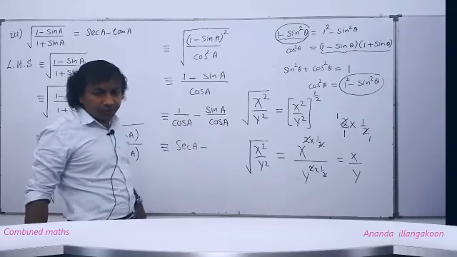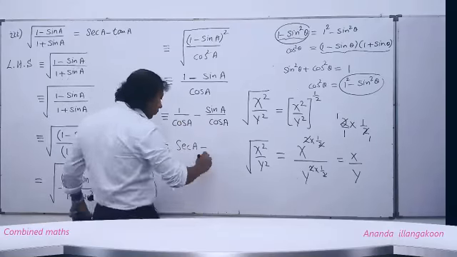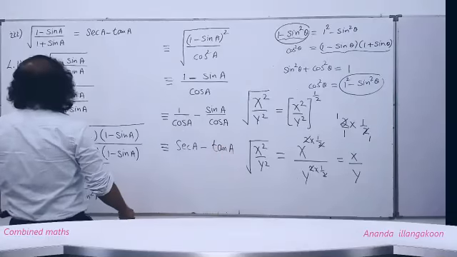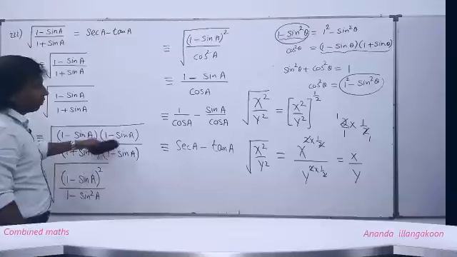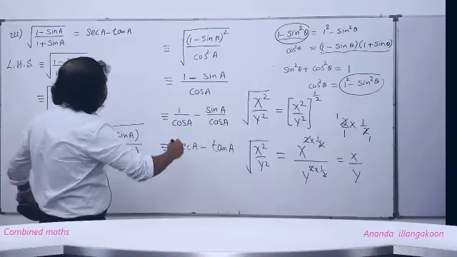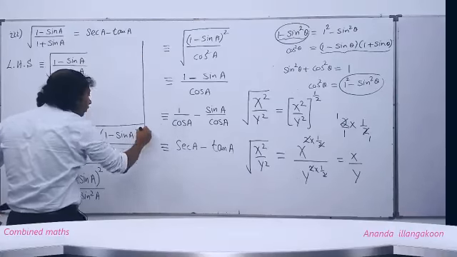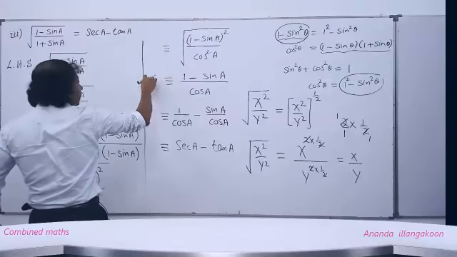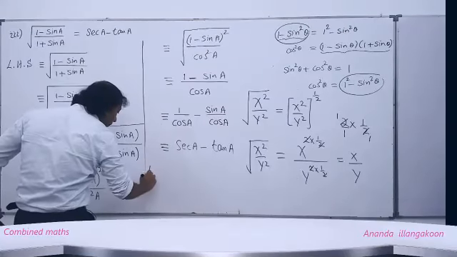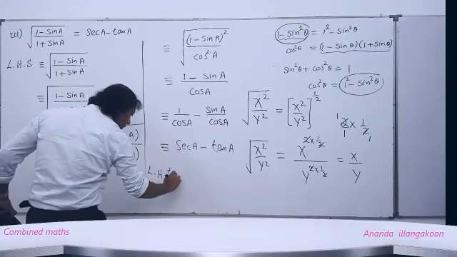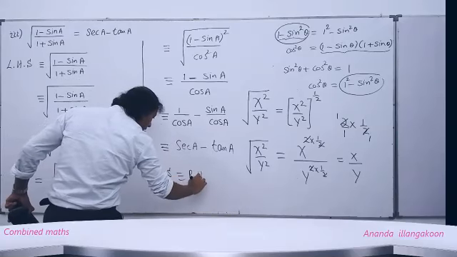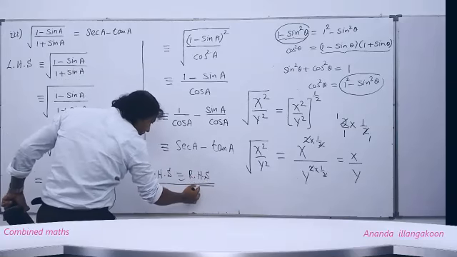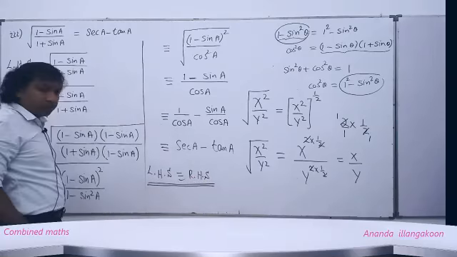Sin by cos is tan, no? Tan. Correct, people? Now we start from the left hand side, keep simplifying, we got the right hand side. Therefore LHS is equal to RHS.